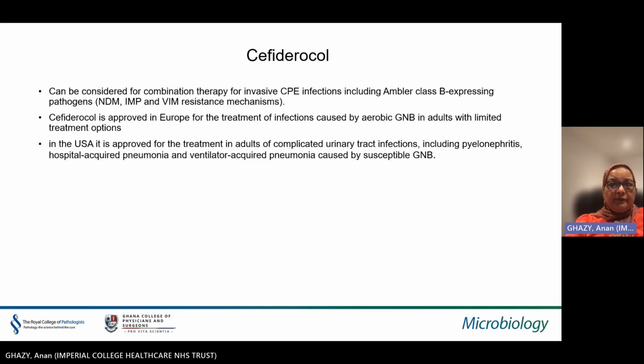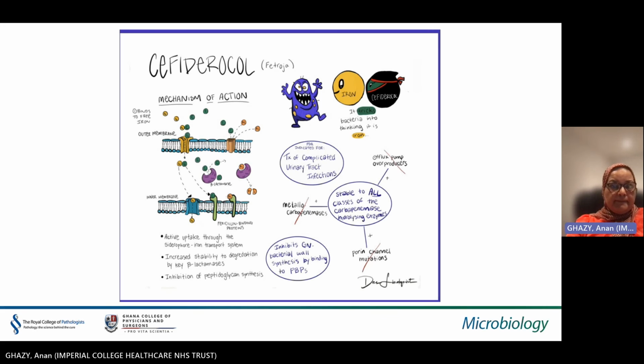It is approved for treatment of infection caused by aerobic gram-negative organisms in adults with limited treatment options. In the USA, it's also approved to be used in complicated urinary tract infection, including pyelonephritis, hospital-acquired pneumonia, and ventilator-associated pneumonia caused by susceptible gram-negative bacilli.